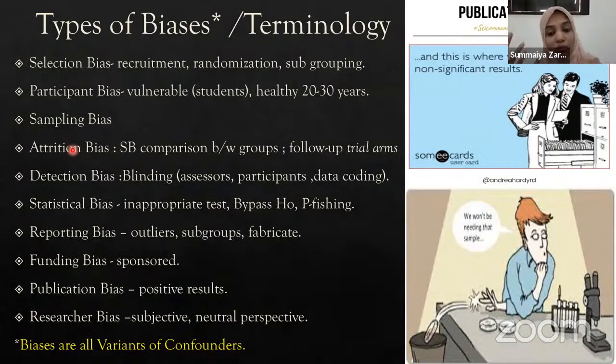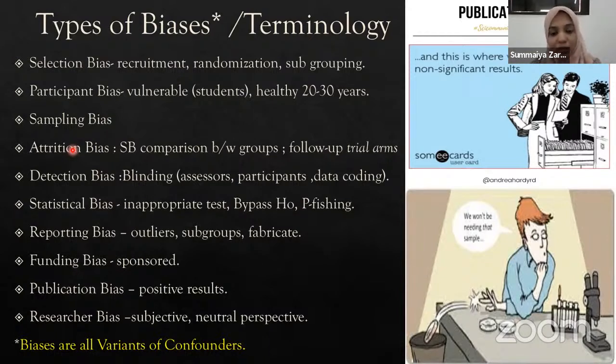And one of the easiest ways to blind is, if you don't have enough assessors, you can code the data. Coding the data is like, suppose you have something in images, MRI images or X-ray images or blood reports or anything, you can just code patient 1, patient 2, and patient 3. This is also called blinding.